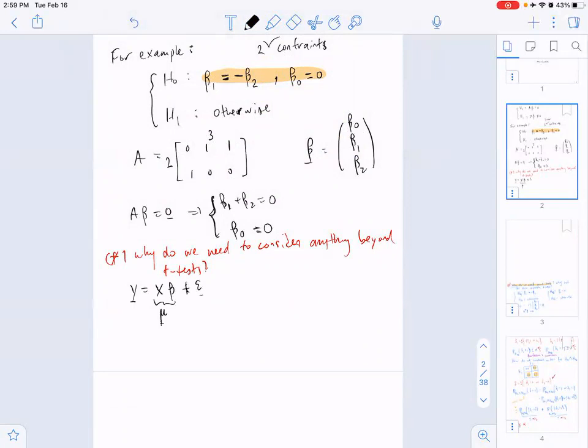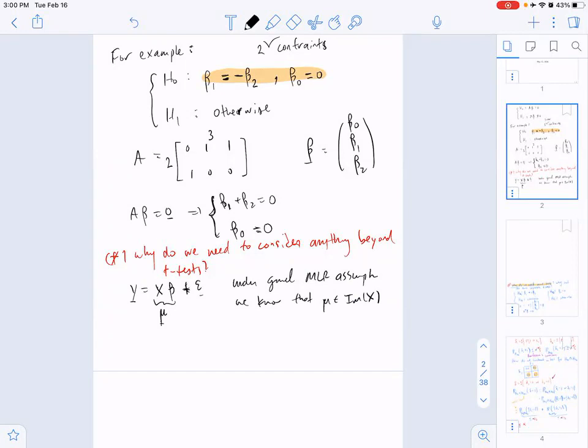Under the general MLR assumption, we know that mu belongs to the image of X. Is that clear to people?